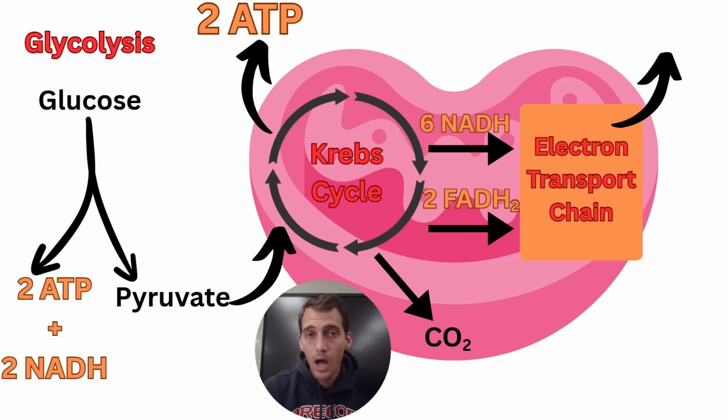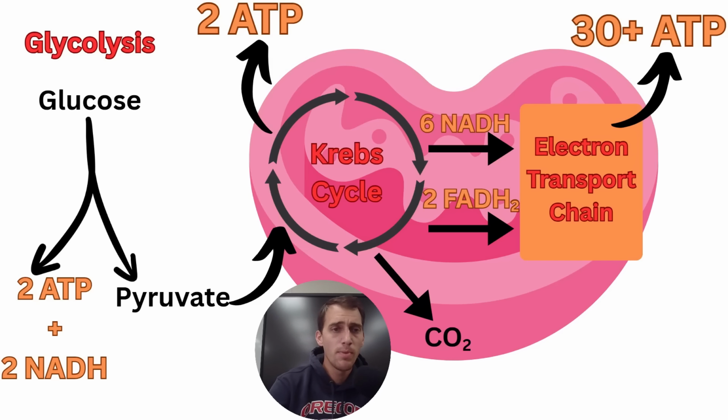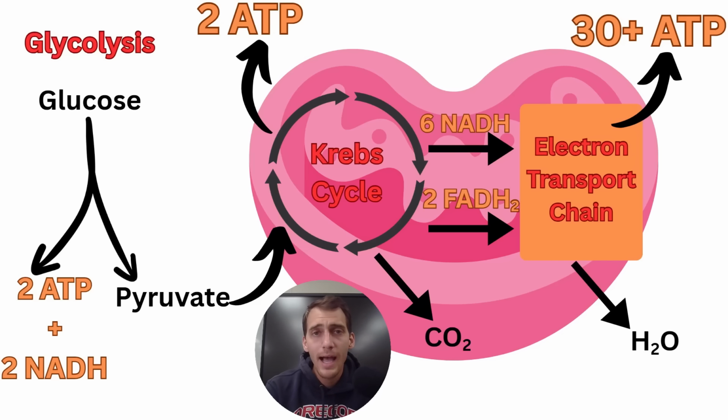And we made some ATP with these first two processes. With glycolysis, we got 2 ATP. Right on. With the Krebs cycle, we can get another 2 ATP. Nice. But with the electron transport chain, what the mitochondrion can do per glucose molecule is make 30 plus ATP molecules, which is highly, highly efficient.